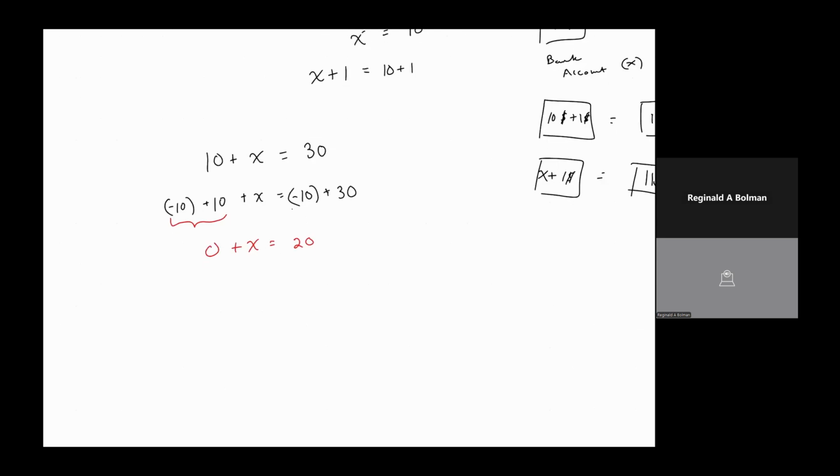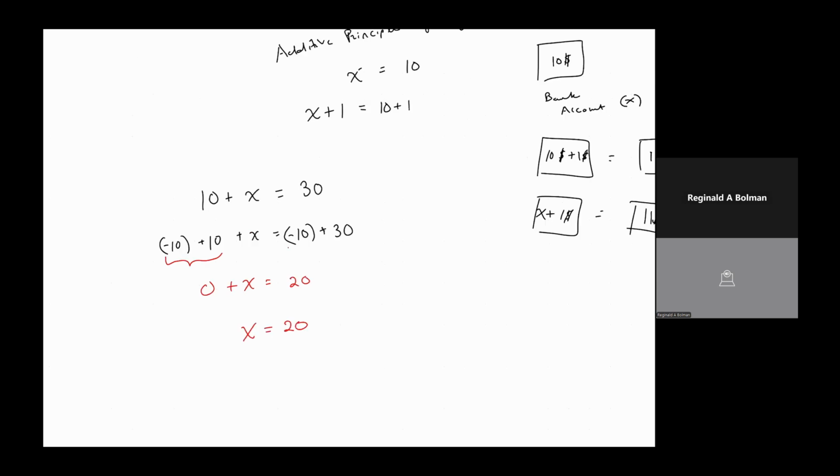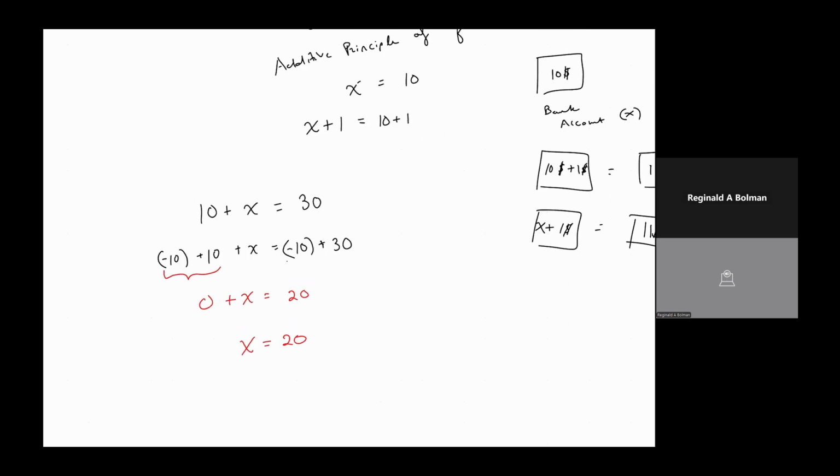Now, according to the identity law, x plus 0 will just be x, because anything plus 0 is just that something. So, to be clear, when we started this particular process, we first used the additive inverse law on both sides of our equal sign.